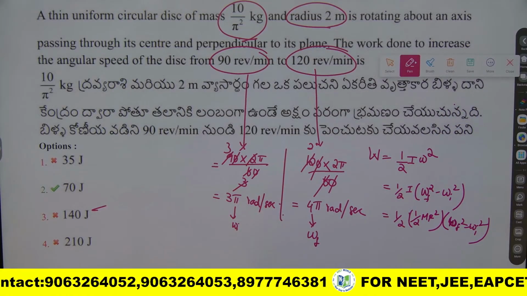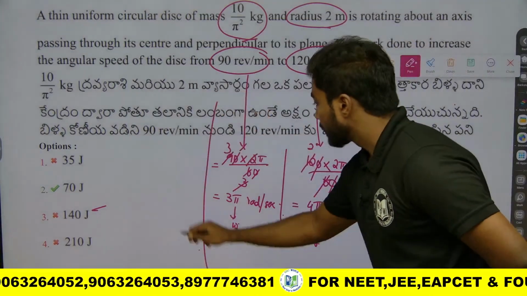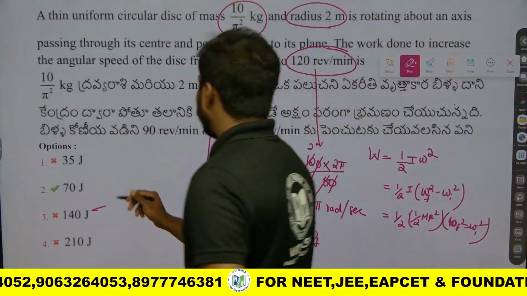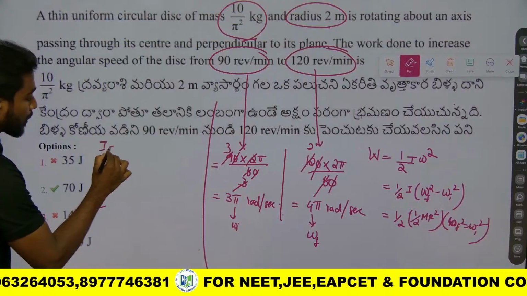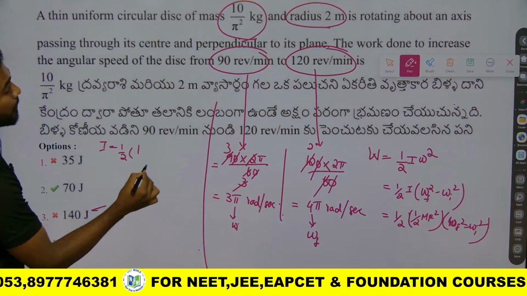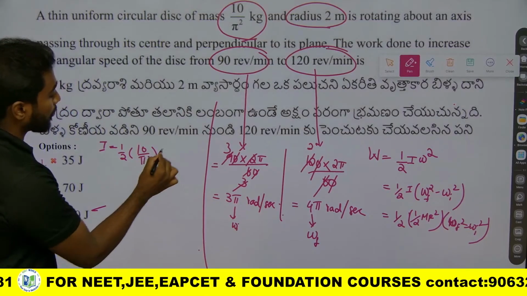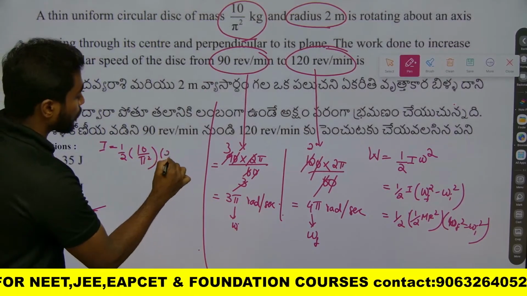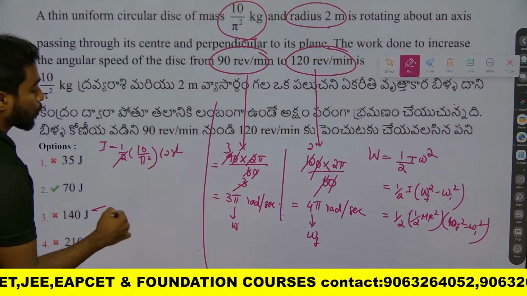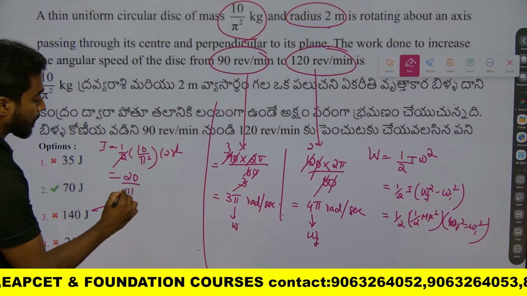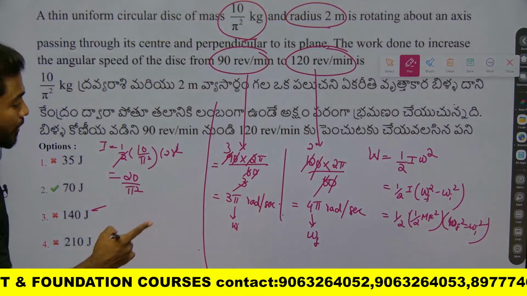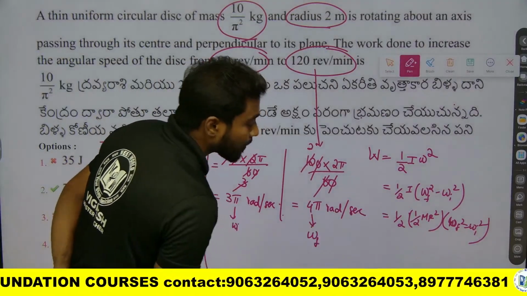Okay, I'll do it here. So the value of I I can write now. I is nothing but half into m, which is 10 by pi square, and r is 2 square. So 1 2 and 1 2 will get cancelled, 20 by pi square. This is the value of I, and this one is omega f square.